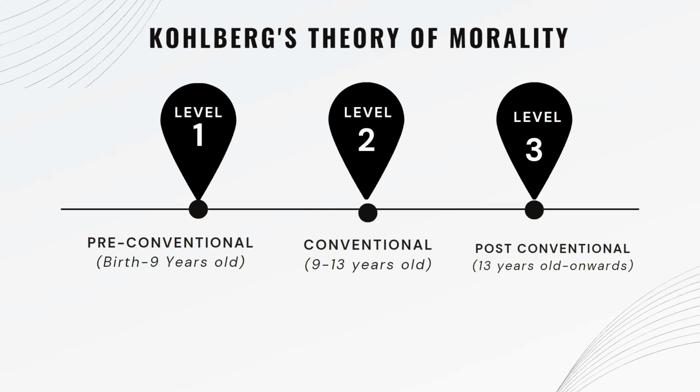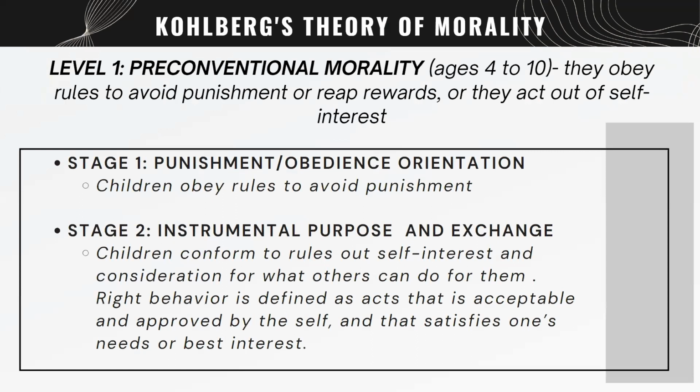So now, let's start with level one, okay, which is common among children. In this level, children obey rules to avoid punishment or reap rewards, or they act out of self-interest. So that is level one. Authority figures give reinforcement, the punishment or rewards, and are obeyed for self-preservation.